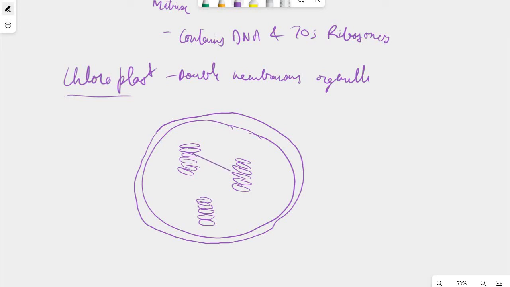And now these are connected by the stroma lamellae.